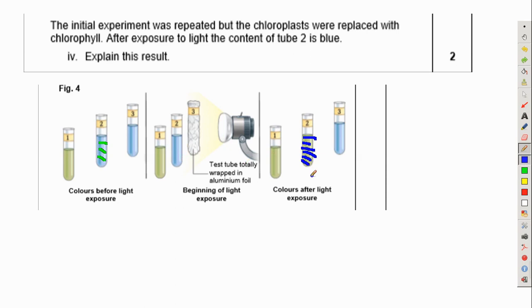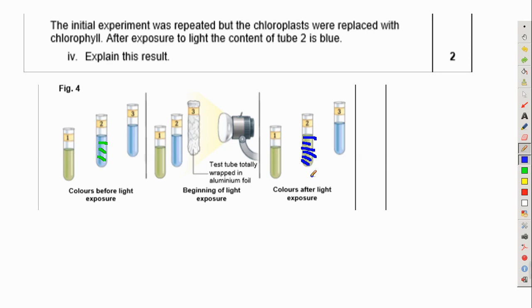So what this means is that for this light stage to occur, chloroplasts need to be intact, and we'll see this in detail. If you've only got the pigments, it's not going to work. We'll see that this electron acceptor can only take the electrons if the chloroplast is intact.